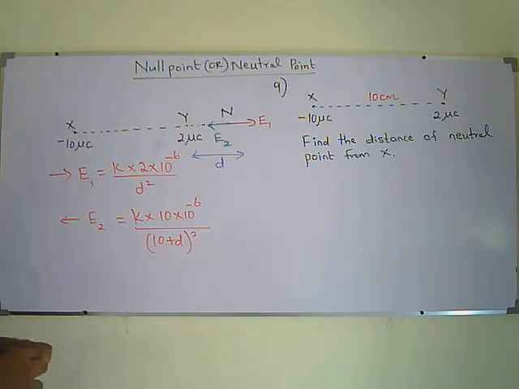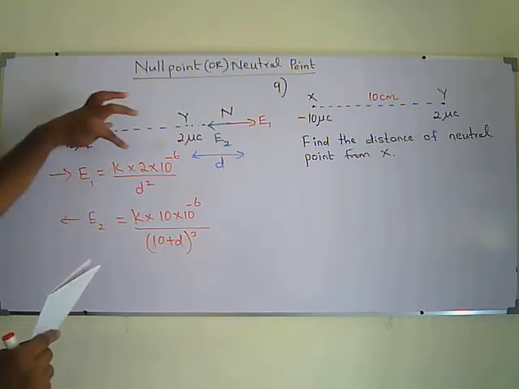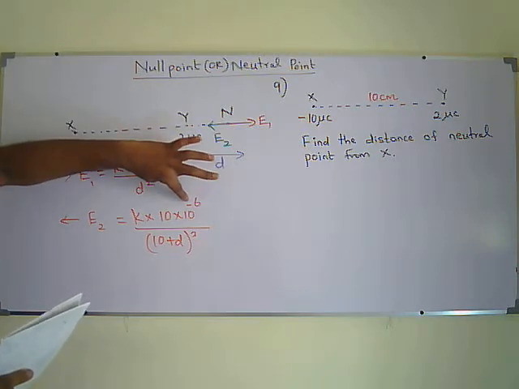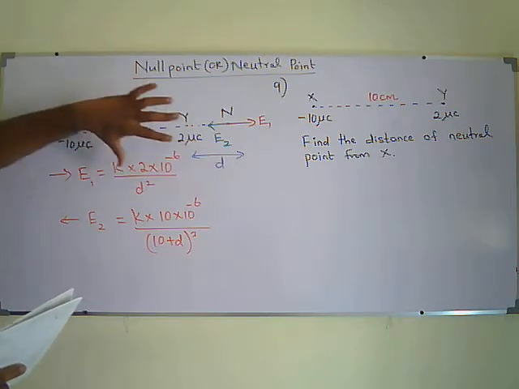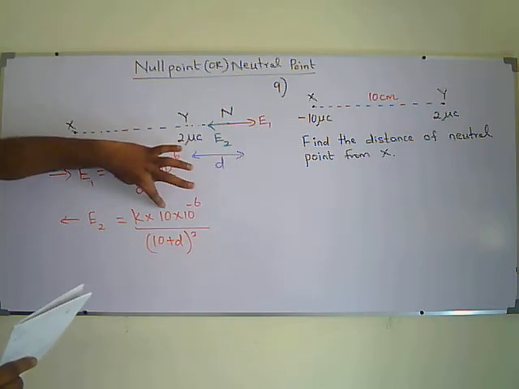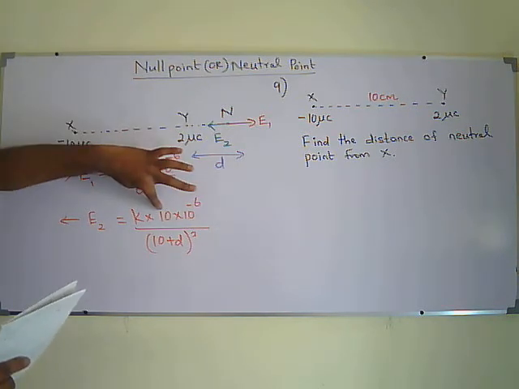Yes, they can, because the numerator of E1 has K common and 10 to the power minus 6 common for both equations. Now this numerator is 2, this is 10, so this is 5 times greater.